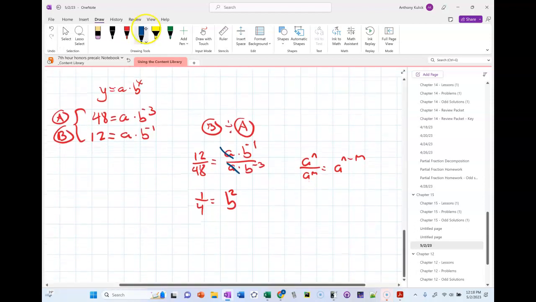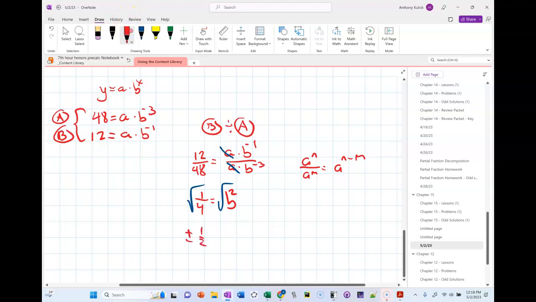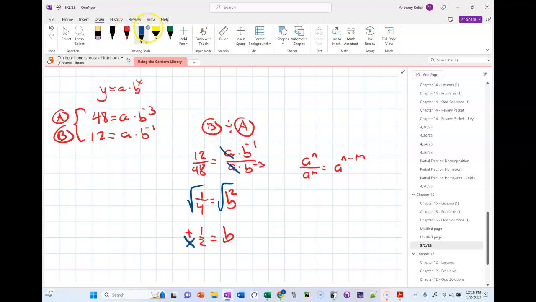So we'll square root both sides of that, and I get plus or minus 1/2 is my value for b. But remember, b is the base of an exponential, right? So I know b has to be greater than 0. So I can drop the minus. So I just have a half. And then I'm going to take that answer and plug it back into one of the equations. It doesn't matter which one. I'm going to pick the one with the more convenient exponent.